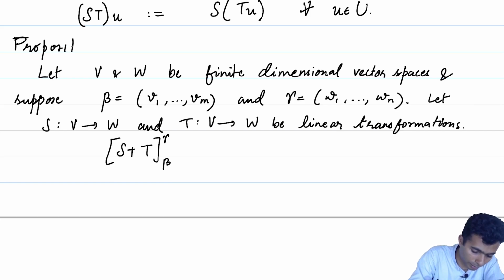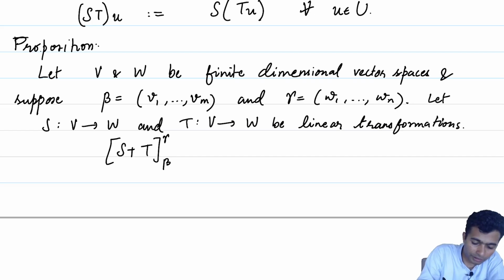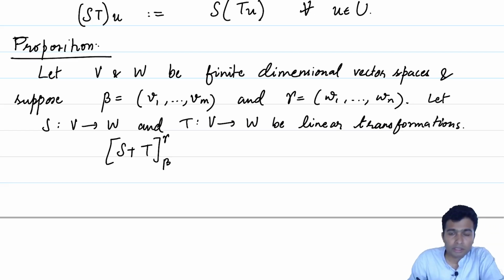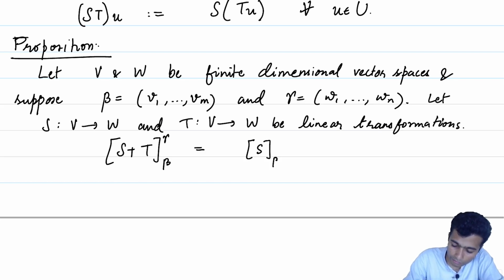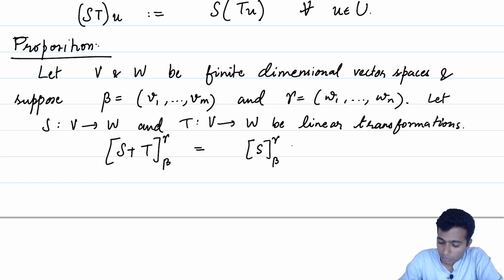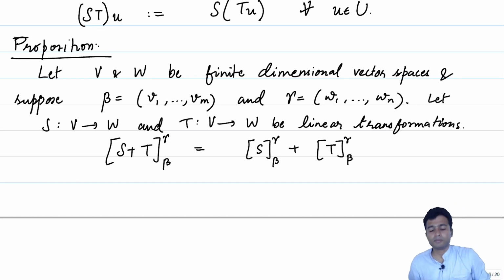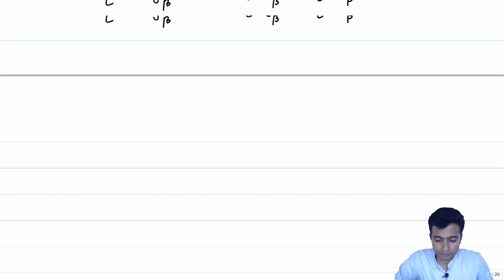This is indeed a proposition, and we will be proving that. Then the matrix of S plus T is equal to the matrix of S with respect to beta gamma plus the matrix of T with respect to beta gamma. So let's prove this statement.